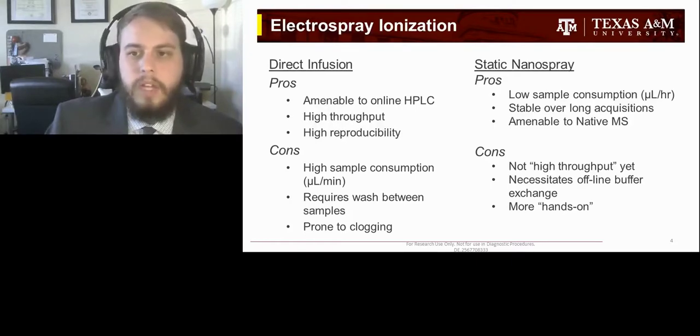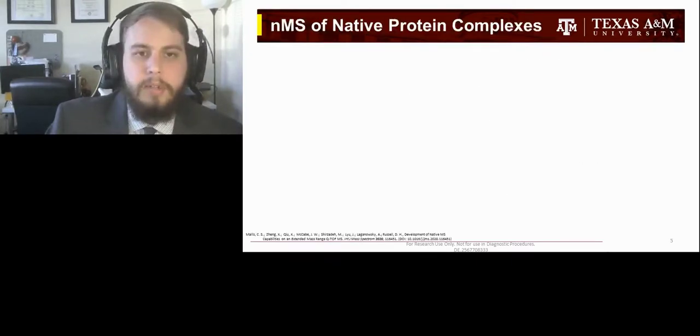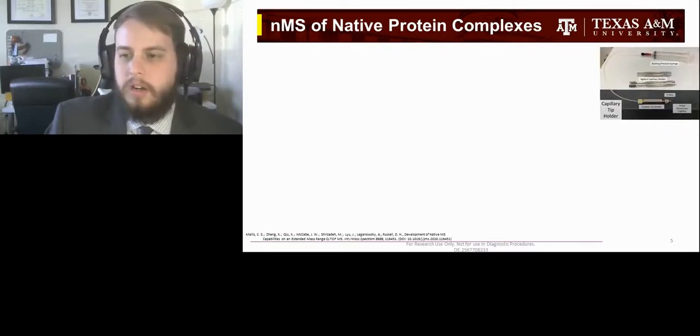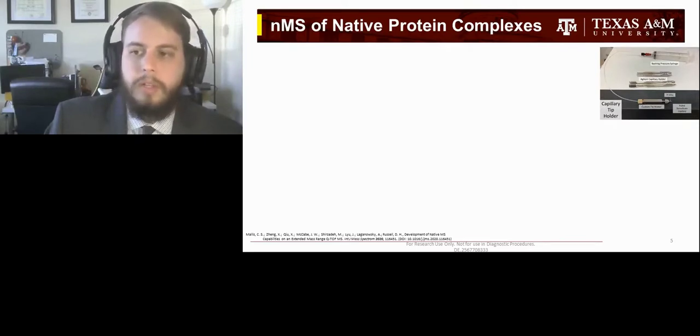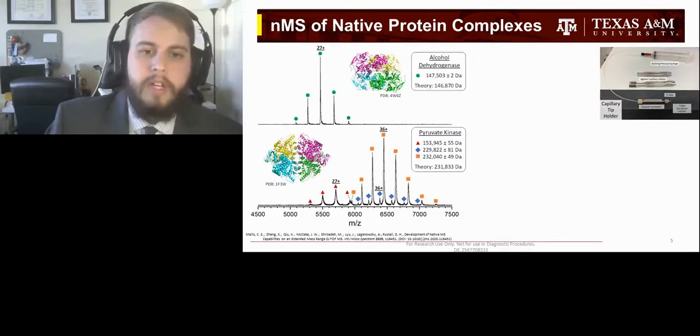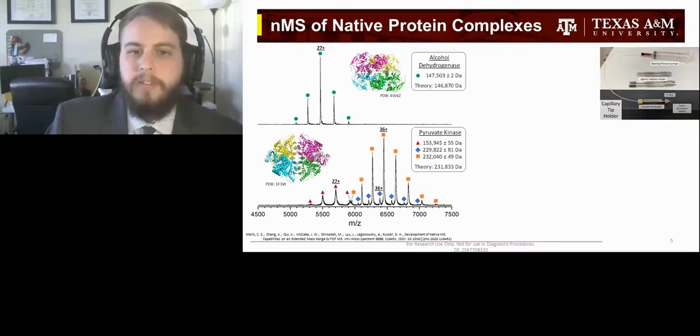So some of the work that we've done with static nanospray is really to look at native protein complexes. Again, we're using our custom tip holder with somewhere between 1 and 5 microliters of sample. And generally with these, we get very good native mass spectra of protein complexes.